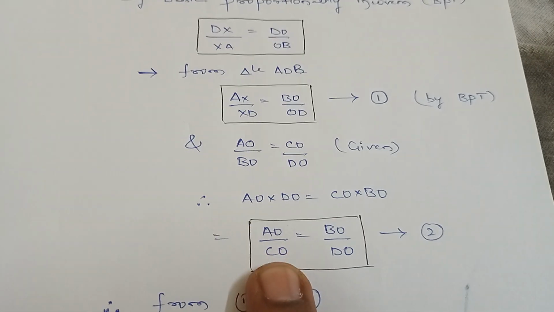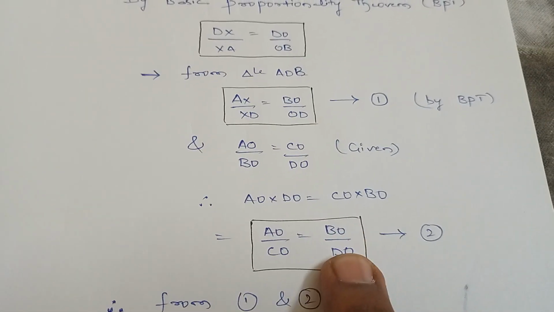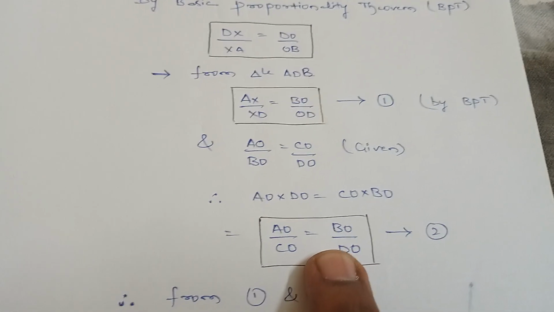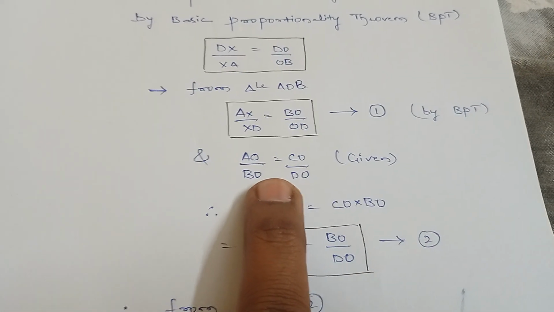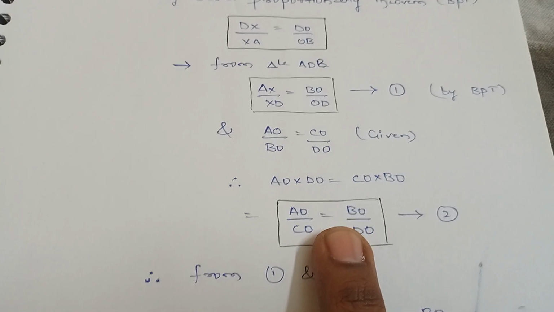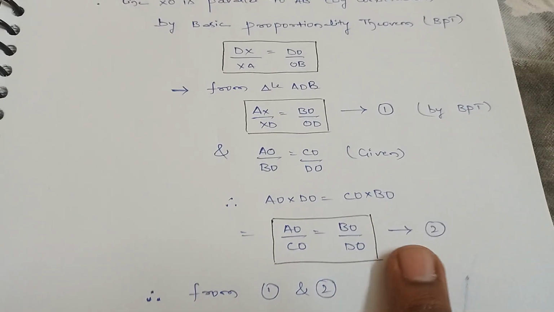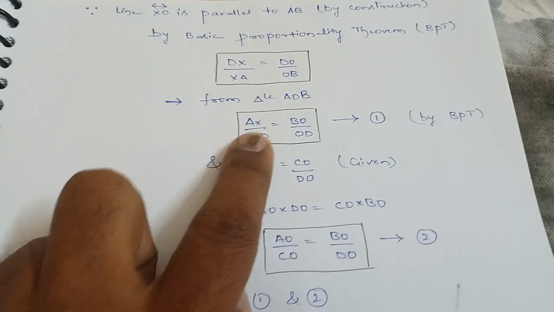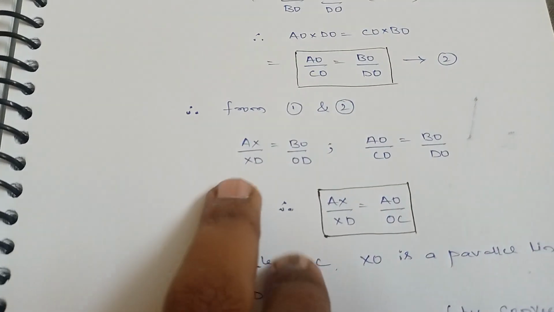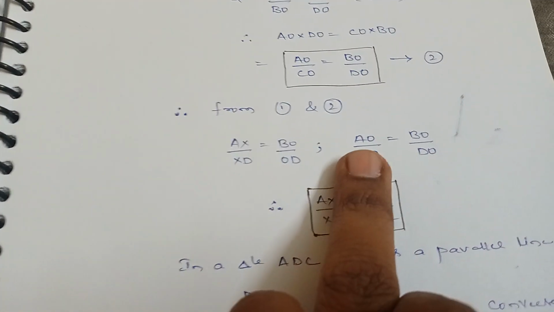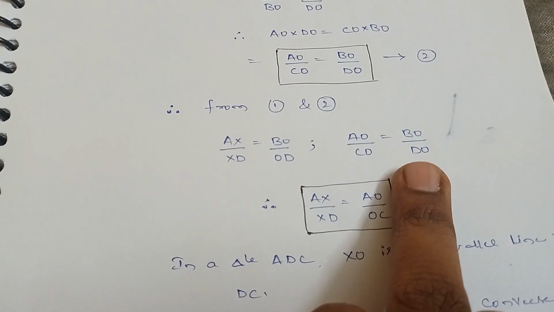Now we can write AO by CO equals BO by DO, because if you cross multiply again you get the same given statement, arranged according to our needs. Take it as equation 2. From equation 1 and equation 2, AX by XD equals BO by OD, and AO by CO equals BO by DO.